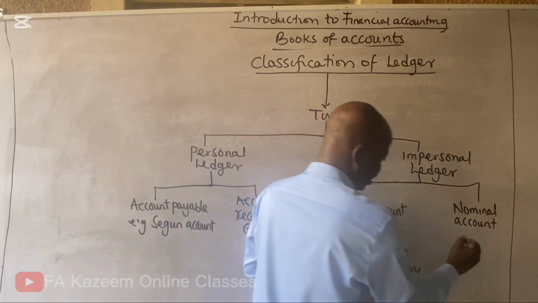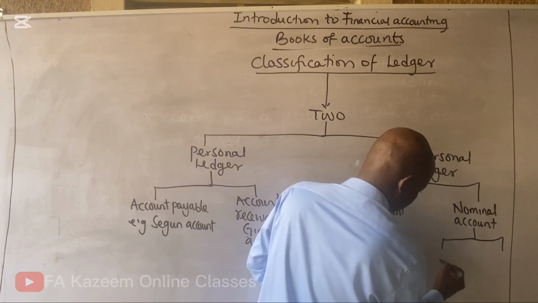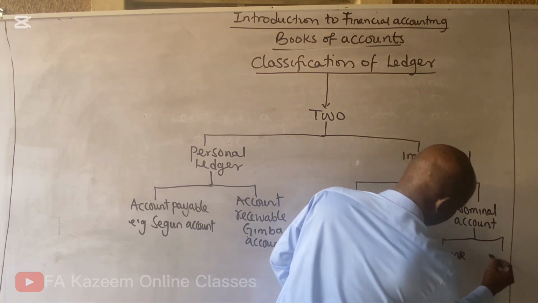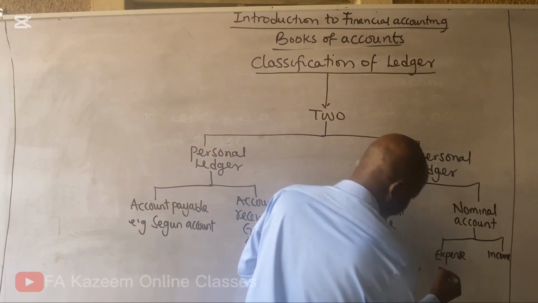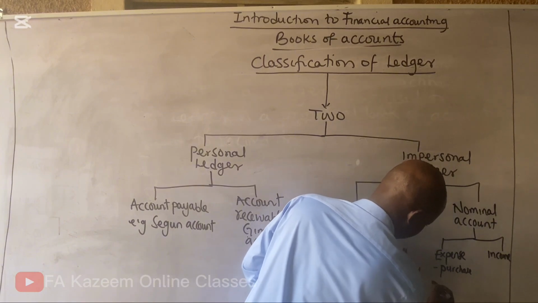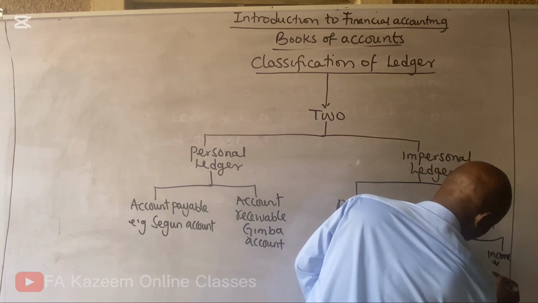But a nominal account can be categorized into two. We have expenses and we have income. For a beginner, what are expenses? Expenses are purchases, rent. All these are what? Expenses. What is income?